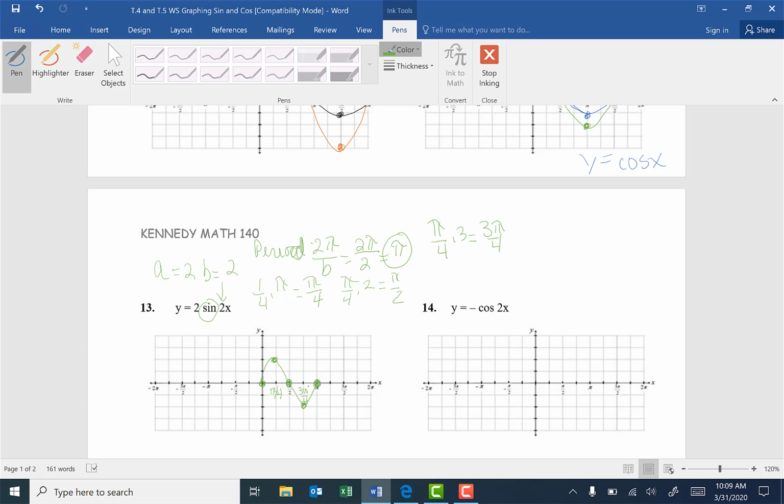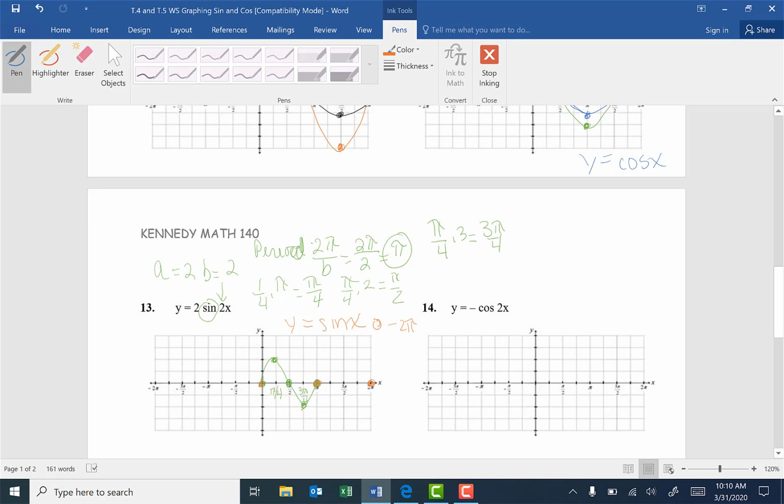The normal y equals sine x curve would have been 0 to 2 pi. So we would have had 0 at 0, pi, and 2 pi.